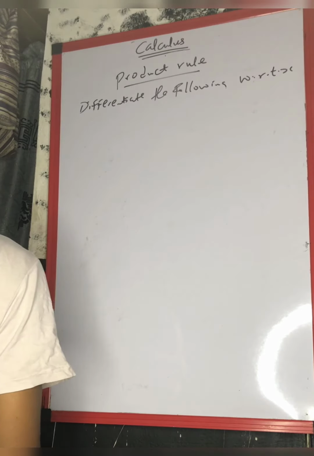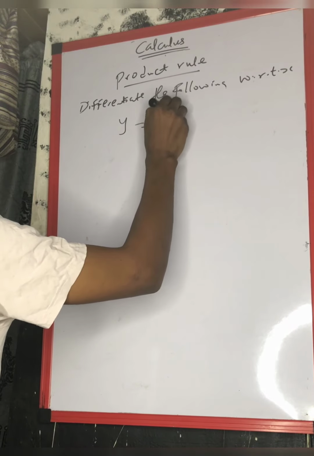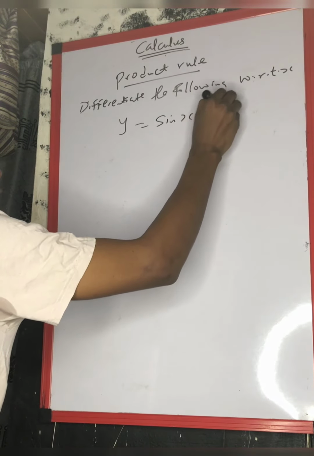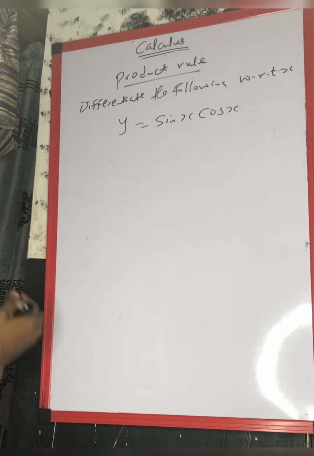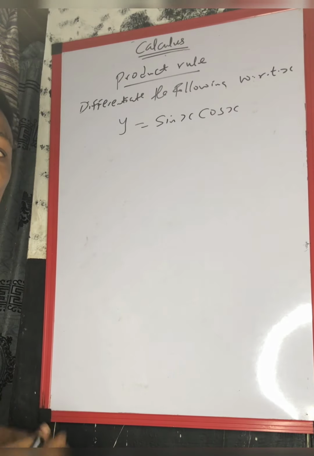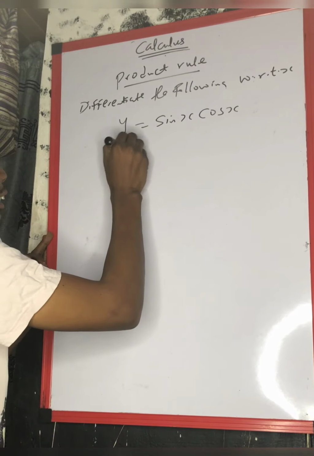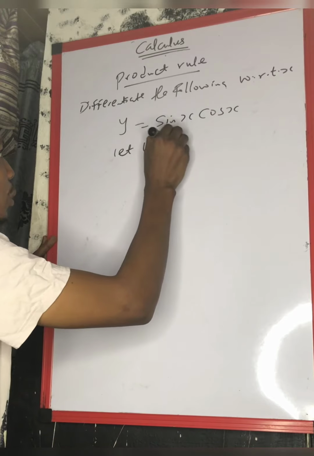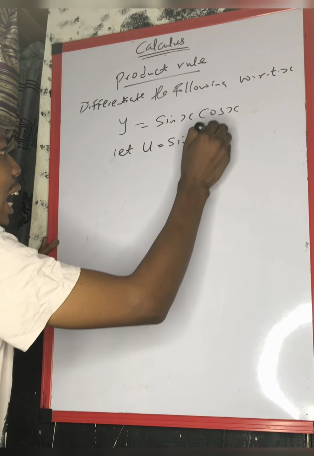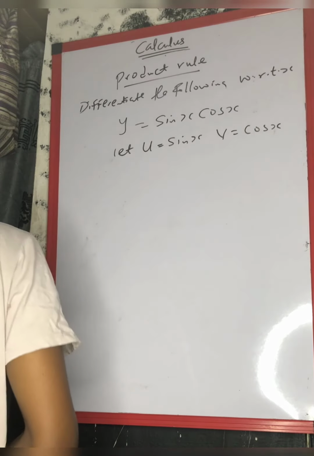Alright, let's take the last question. If we have y equals sine x cos x, you have two functions multiplying each other, so it's the product rule. You can simply say let u equal sine x and let v equal cos x.